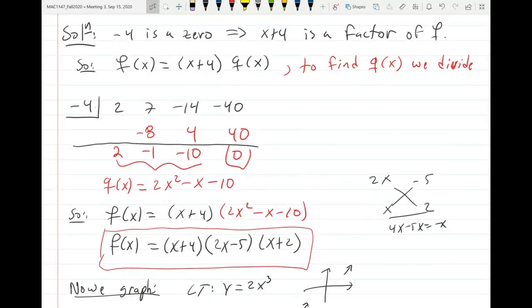You find your q, which is a degree 2, and once you get a degree 2, you're basically done, because even if you cannot factor, you can use the quadratic formula to find the other 2 zeros. So really, to figure out the zeros of a degree 3, you find one, then that's it. You find the other 2 pretty easily, either by factoring or using the quadratic formula. You okay with this?